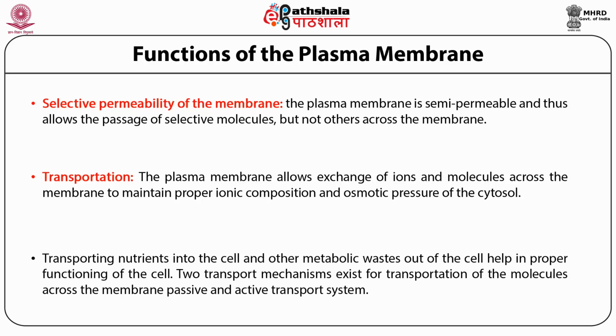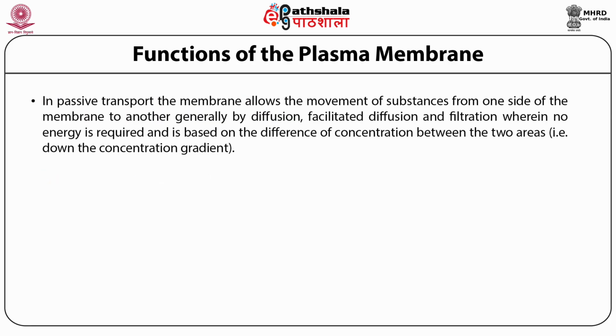Two transport mechanisms exist for transportation of molecules across the membrane, which are basically passive and active transport systems. In passive transport, the membrane allows the movement of substances from one side of the membrane to the other, generally by diffusion, facilitated diffusion and filtration, wherein no energy is required and it is based on the difference in concentration between the two areas, that is, down the concentration gradient.